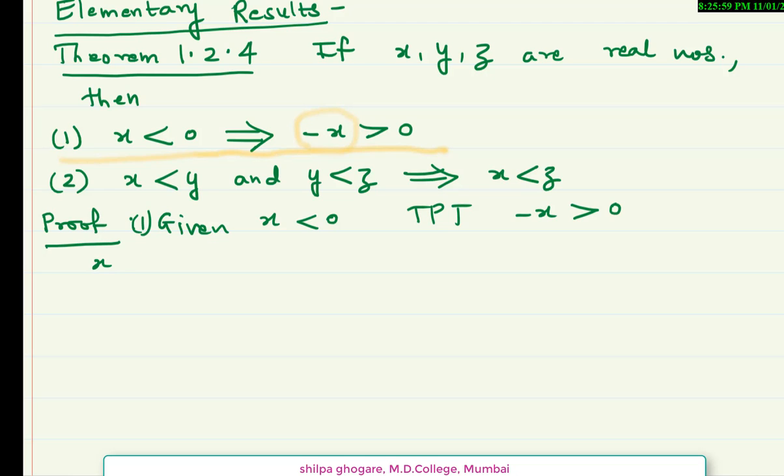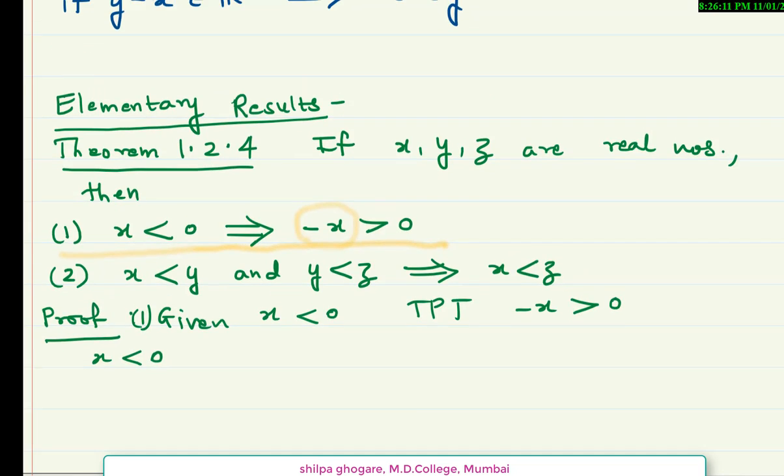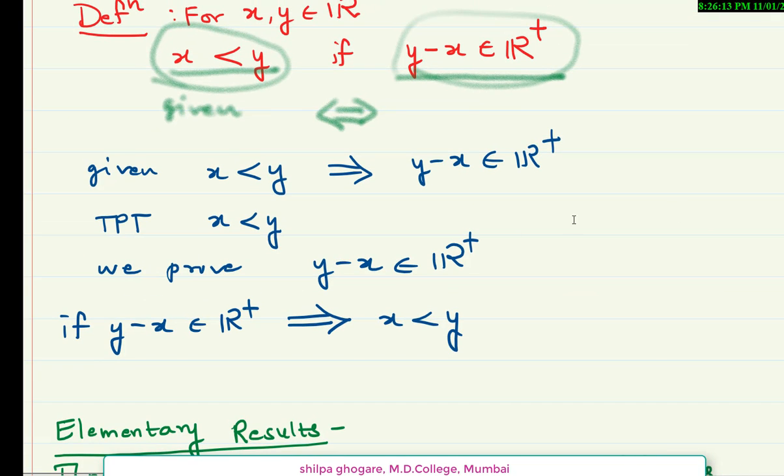So I start with x less than 0. Now what do you understand by x less than 0? By the definition I have recalled here, if x is less than y, then y minus x belongs to R plus. So I am using this particular definition.